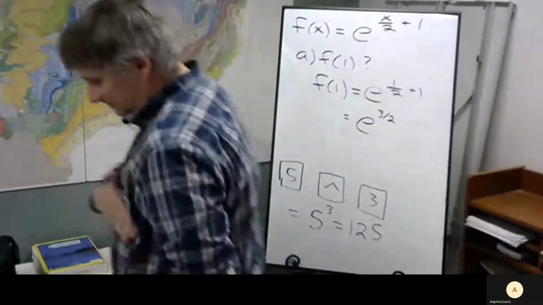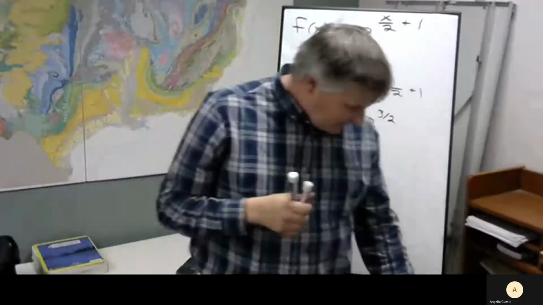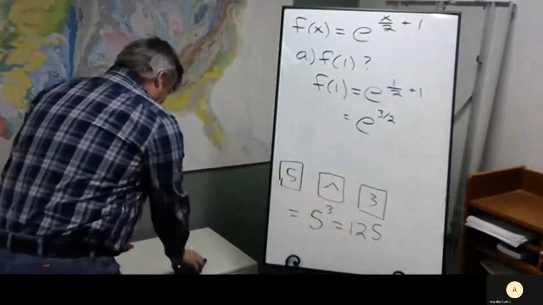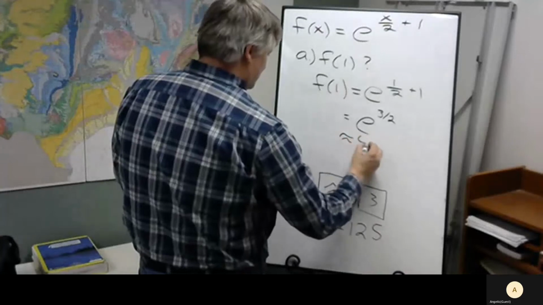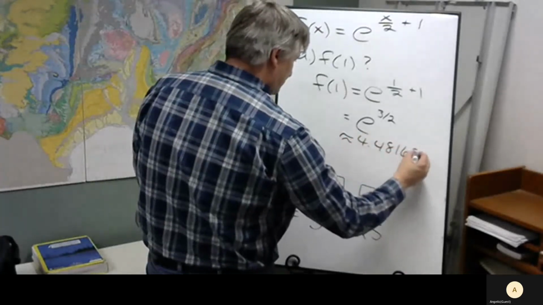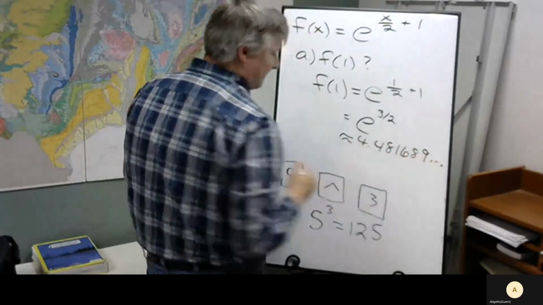There we go. So they'll have you round these, and typically, let's see, 10,000ths. So this is approximately 4.48168, and the 9 goes on and on and on.